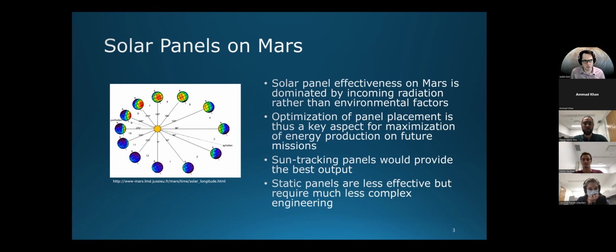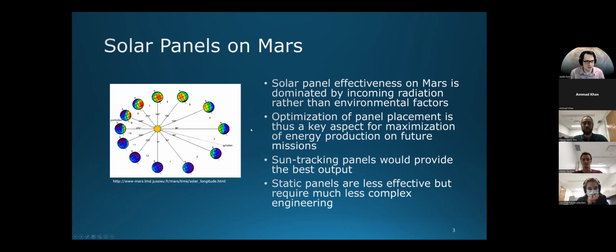So it can be much more economically and engineering friendly to use a static panel instead of a sun tracking panel. So one thing we want to look at is just how much you're losing energy-wise by using such a static panel. And so this can be weighed against the increased costs of using a sun tracking panel.